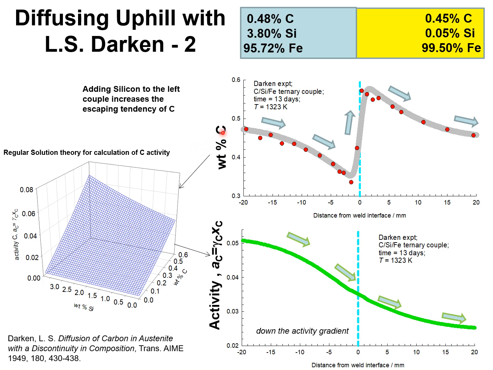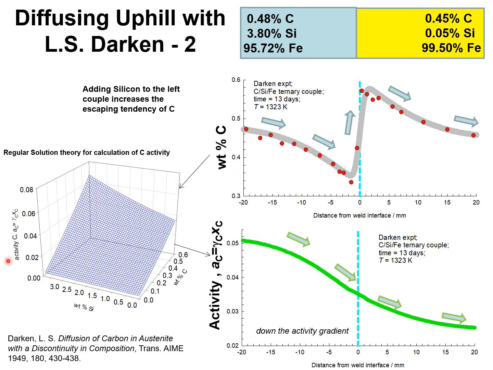Let us examine the Darken experiments in a little bit more detail. The addition of silicon to the left compartment or the left bar increases the escaping tendency of carbon and therefore influences the activity.